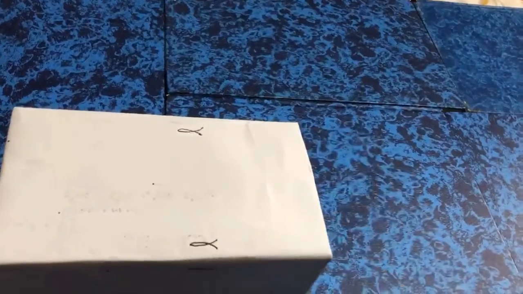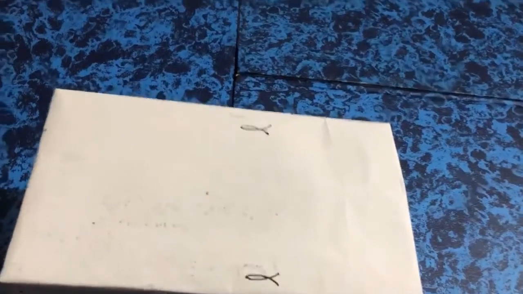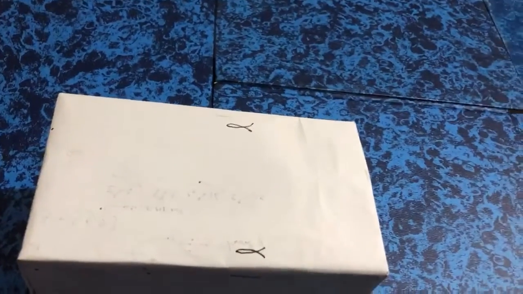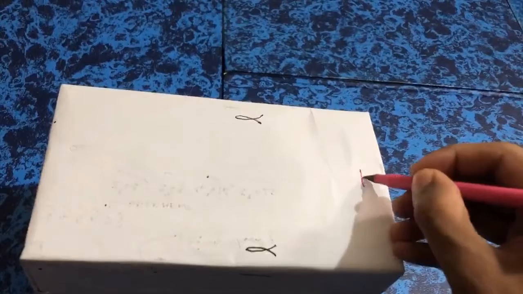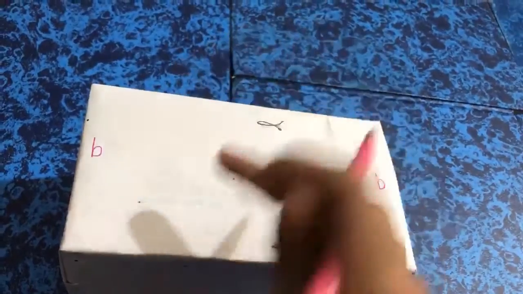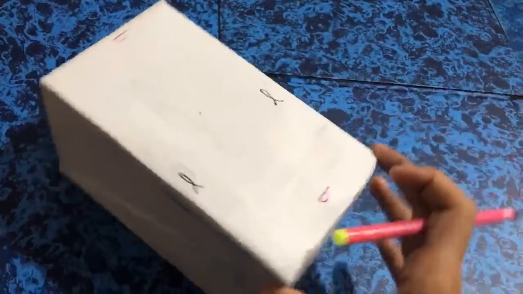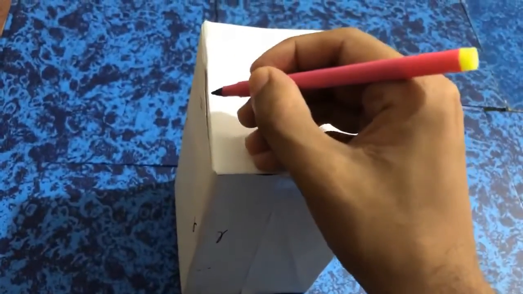If this is L, I will call this side B, or breadth. I will consider that to be the breadth. Now if this is breadth, this will be breadth, the opposite side. This side is breadth, so here I will call it breadth again.